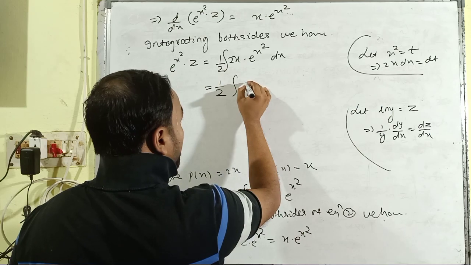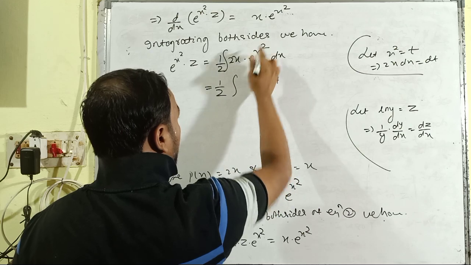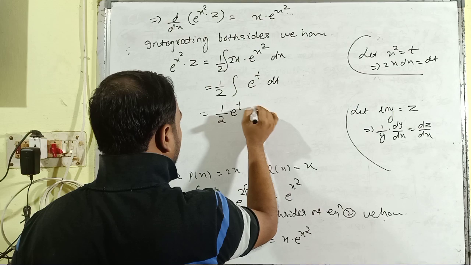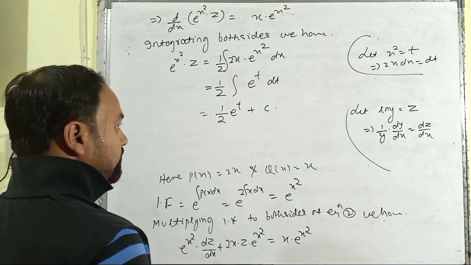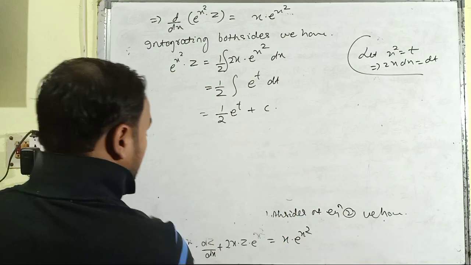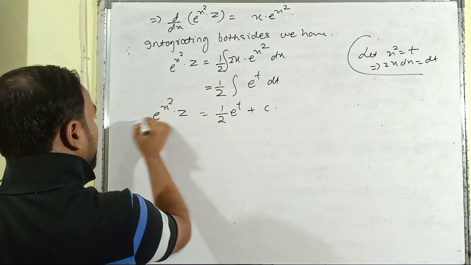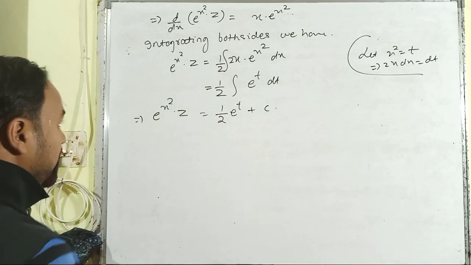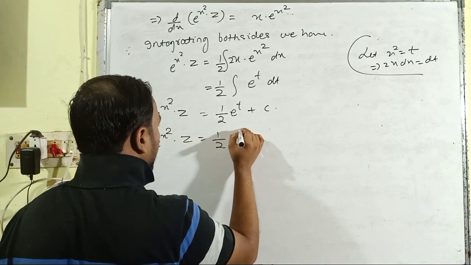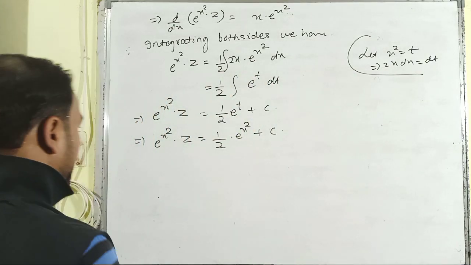So in place of 2x dx we can put dt, and in the place of e to the power x square it is e to the power t, then it is half e to the power t plus c. In place of z we have taken in the previous step ln y. So e to the power x square z is half e to the power x square plus c, because the value of t we know is x square.